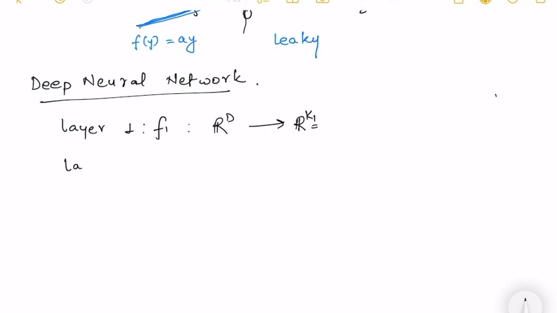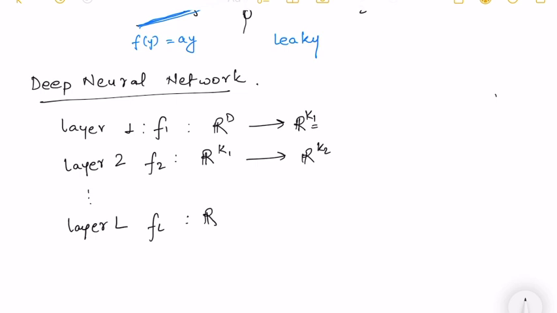Similarly, let's say we have another layer, layer 2, represented by function f2, which goes from k1 to k2, right? And similarly, we have the lth layer in the neural network represented as fl, taking data from k(l-1) to kl.